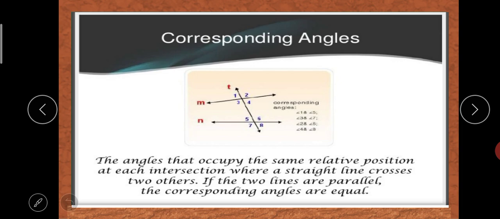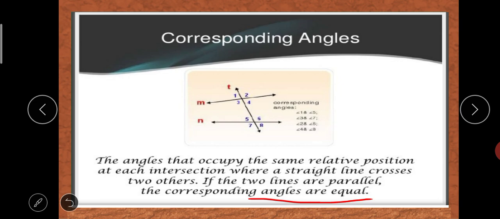Now first is the corresponding angle. Okay, the angles that occupy the same relative position at each intersection where a straight line crosses two others. If the two lines are parallel, the corresponding angles are equal.